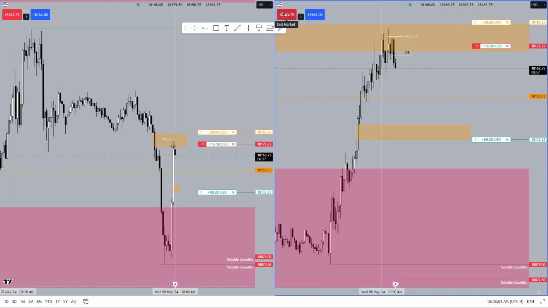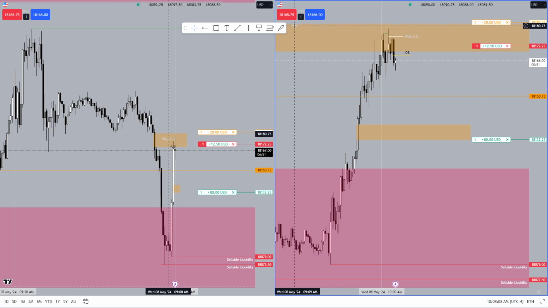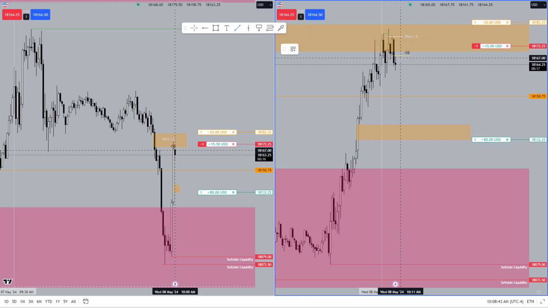Right here, I'll pyramid on if it would have touched this bearish order block. Okay, here we go. Okay, it doesn't quite get me there.